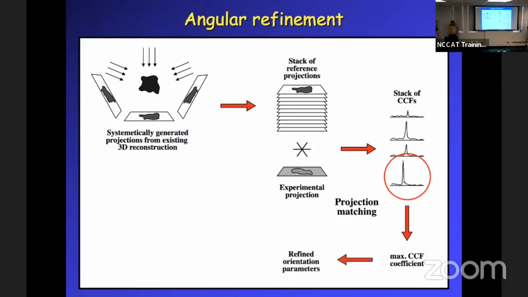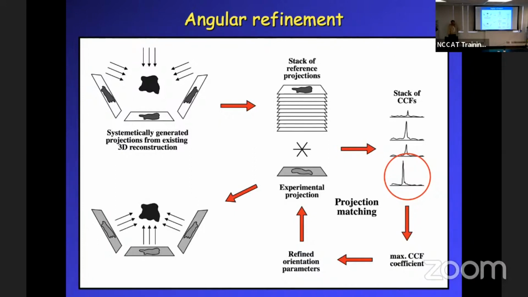Because you know the angular parameters for this particular reference, you can now assign these angles to the experimental projection, improving the parameters for this projection. Now you can align it in space, and you get a better angular positioning of your projection. You do this with all your experimental projections, you get better orientation parameters, you do the back projection, you get your new model, and this new improved model becomes your new reference model.